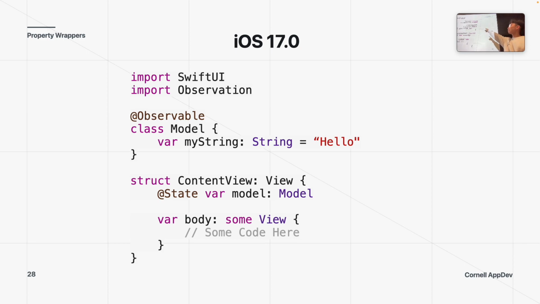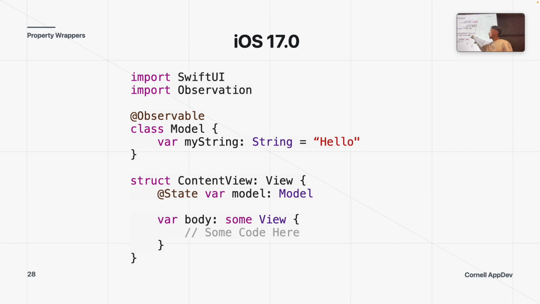Remember, the class that we had, we conformed it to a protocol called ObservableObject. We're basically saying that you can observe it. But now, Swift decided to make it easier for developers. You have to import that library, but then you're just going to add the @Observable macro to your class.